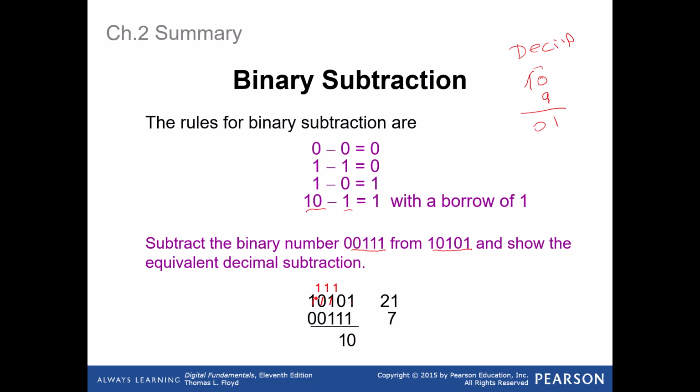I need to borrow from the next one and from the next. Then I get this result, which is just 14. You can verify this is really 14. It is exactly the same way we do subtraction in decimal. We just keep borrowing, and as we borrow, of course, we need to change the digit, like in this example, into 0.